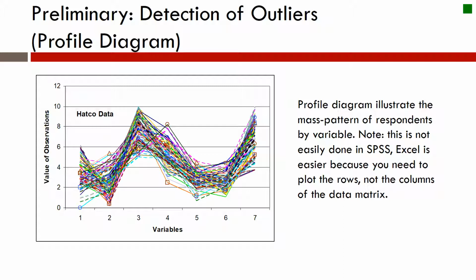So here's a profile diagram, and this is kind of like a line chart, I guess. SPSS doesn't necessarily do these naturally as a graph. So you could put your data in something else like Excel and then create this type of chart.